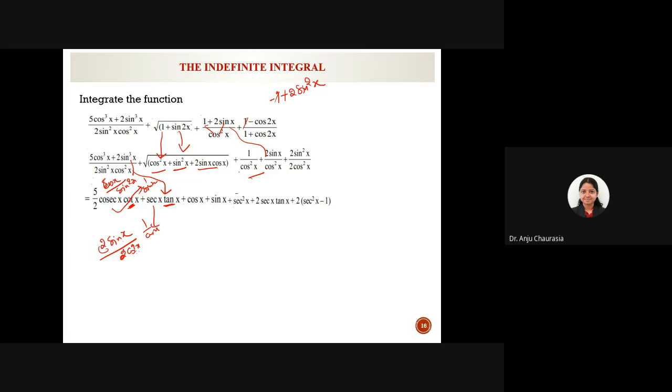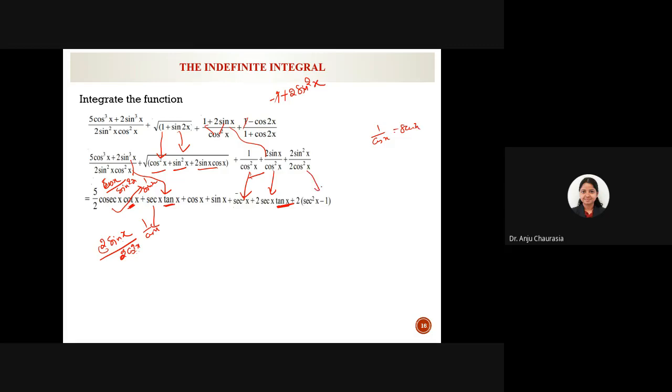And here you can see this sec square x, sin x by cos x is tan x, 1 cos x left, and 1 by cos x is sec x.